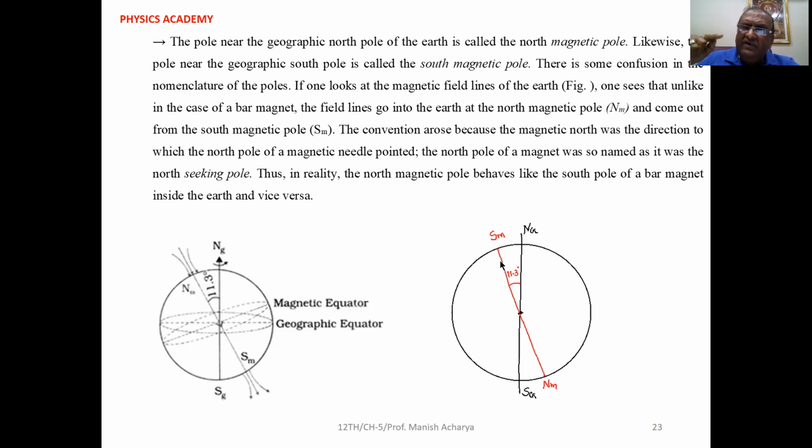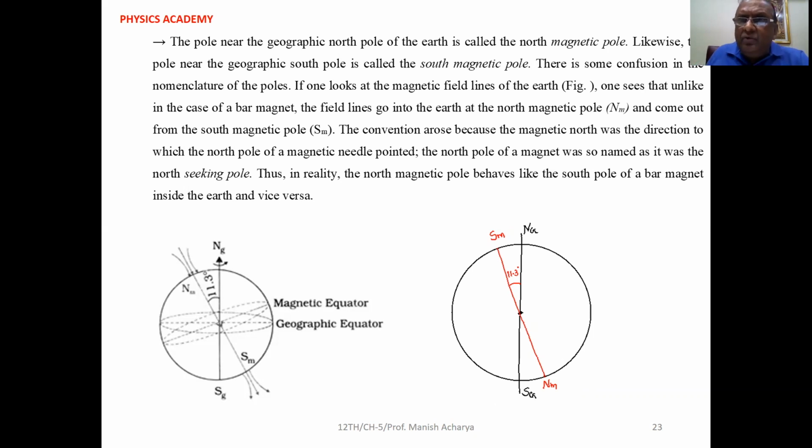And the point where the magnetic field lines of the Earth enter, we say that is magnetic south. So in short, in the direction of geographic north of Earth there is the magnetic south, and in the direction of geographic south there is the magnetic north.